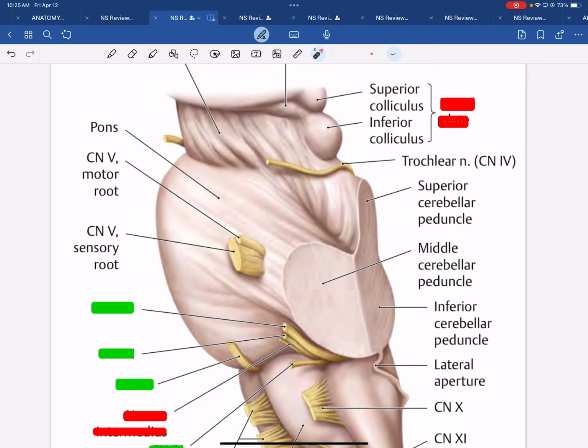We have to know all the cranial nerves and the foramen they go through too. I don't know. I love my four days so much right now.